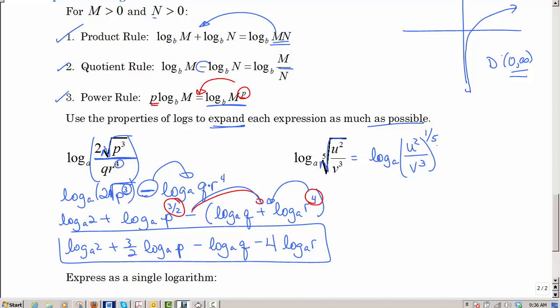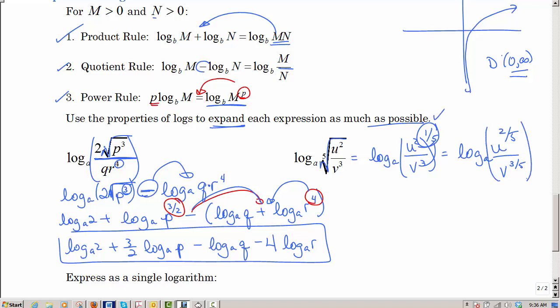We could use our laws of exponents and multiply those, or I can use my properties of logarithms. It doesn't matter, but I think it makes it a little bit easier if I multiply my exponents. So this is u to the 2/5 divided by v to the 3/5.